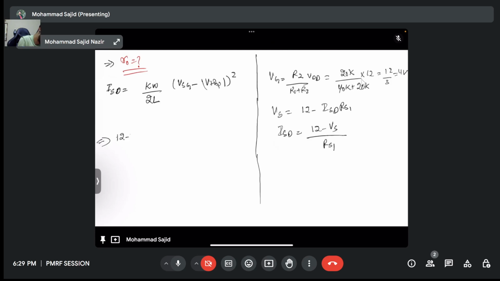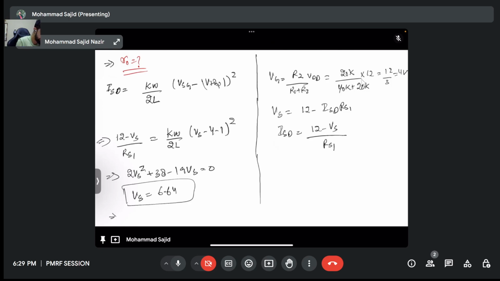Substituting it here, we will get a quadratic equation and Vs comes out to be 6.64.